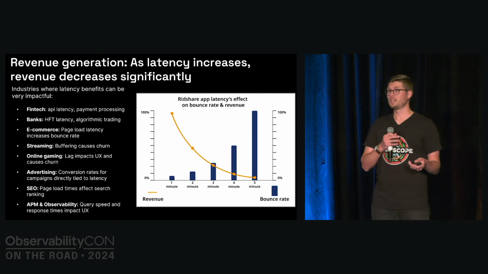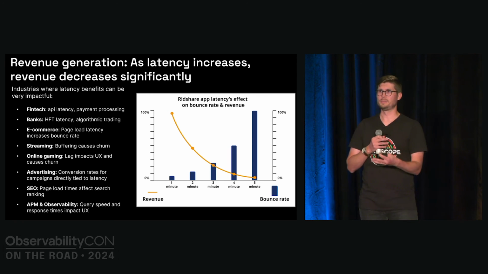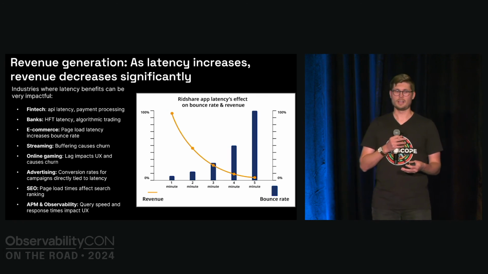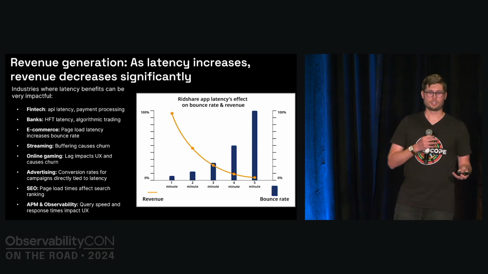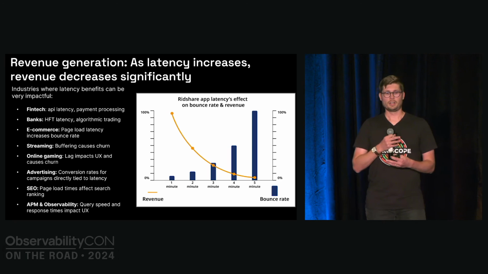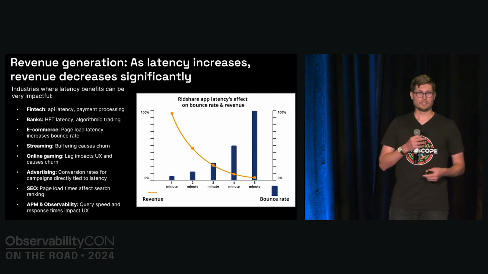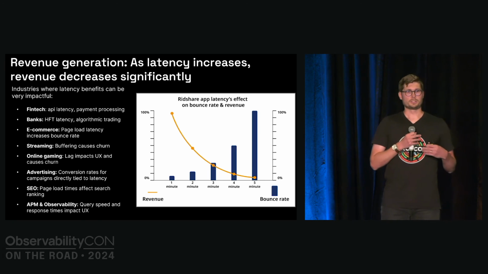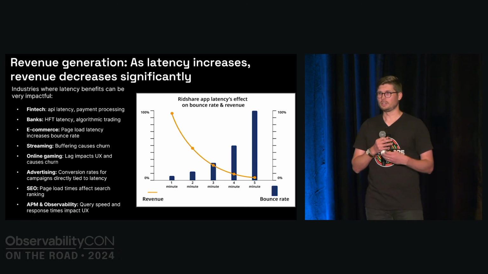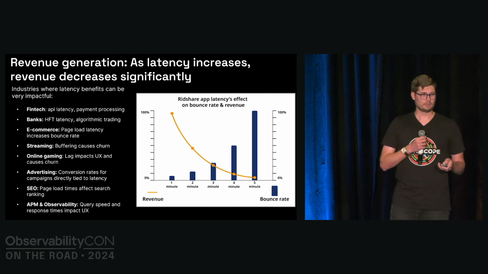If cart checkout times begin to rise, we see users begin to abandon carts and sales are lost. And in video streaming and online gaming, if we begin to buffer in those environments, users are going to churn to other platforms. So continuous profiling helps in this case to keep businesses ahead of this curve and be able to respond effectively and efficiently to increases in latency, thusly saving revenue.